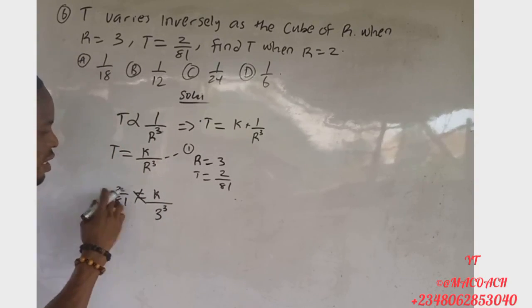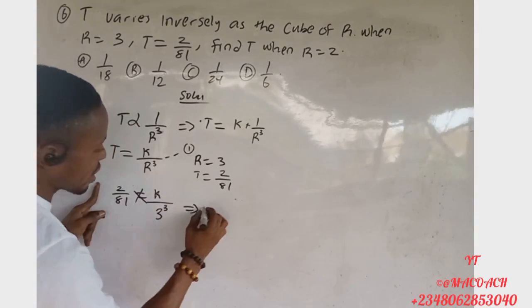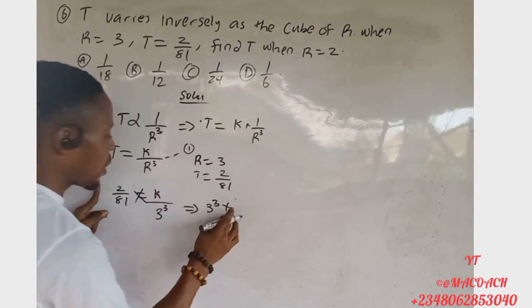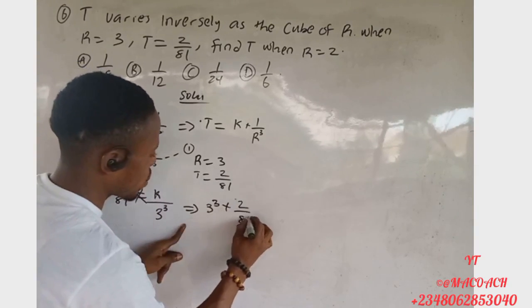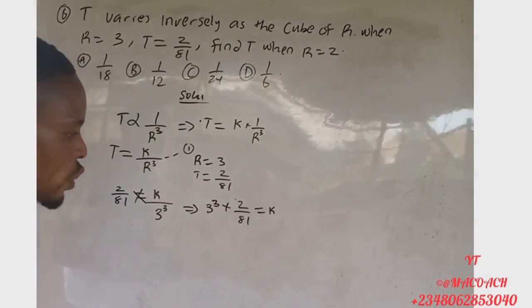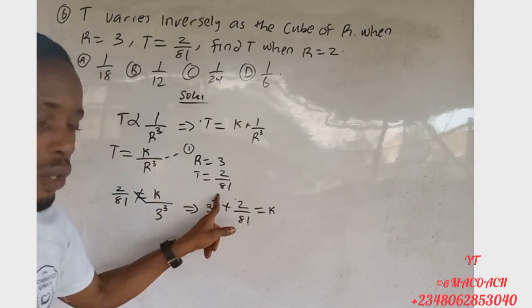That is 3 raised to the power 3 multiplied by 2 over 81 equal to k. Now 3 raised to the power 3 is 27.